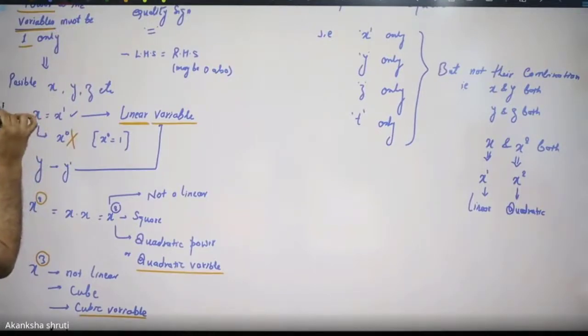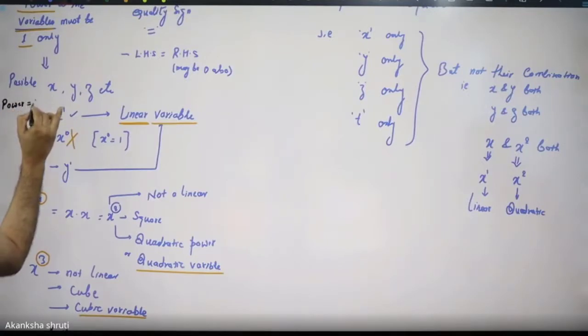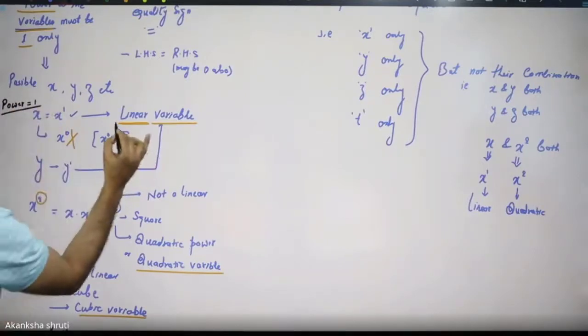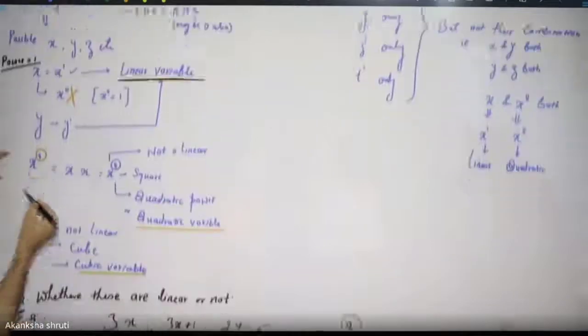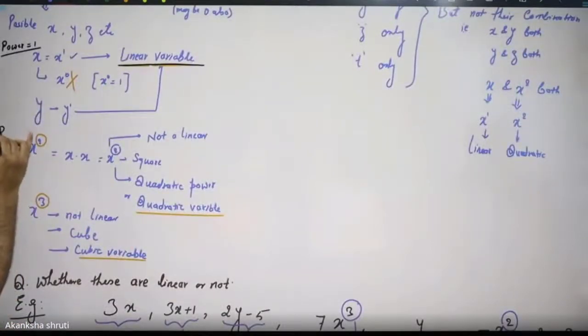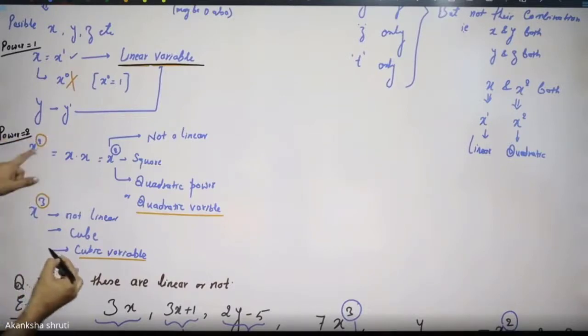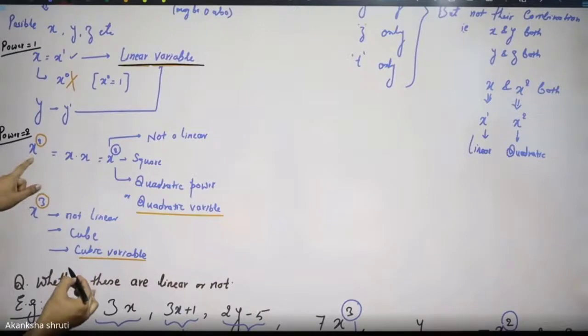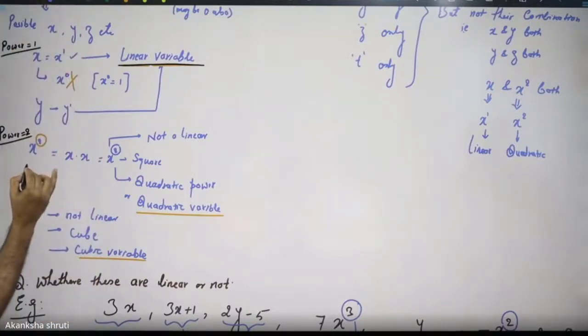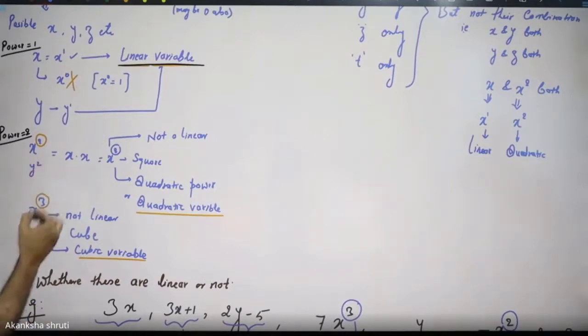If the power is 1, then it is called a linear variable. If the power is 2, power of the variable, that variable may be denoted by a student or by x or y. That doesn't matter. Even y square is this. Getting? Still means the same thing.